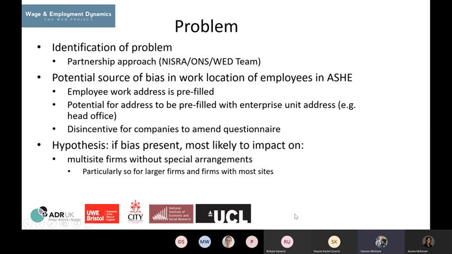Firms are obviously required to change this, but there is an implicit incentive to leave it blank and just move on, particularly if you're a larger company with many people in the ASHE sample, the 1% sample of employers. So potentially there are reasons to believe that there could be some bias in the employee's workplace address.